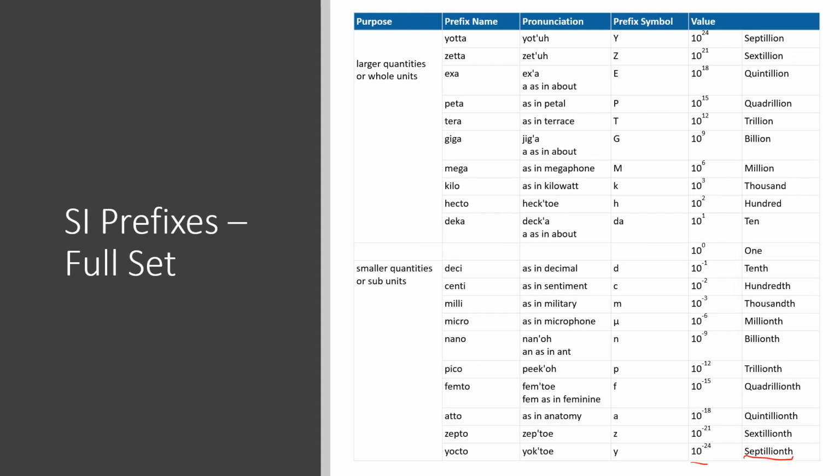Let's say the distance between 2 galaxies is 1 sextillion, which is 10 to the 21st meters. Then the prefix name is zetta, they show you how to pronounce it here, and they use a Z. So it would be 1 Zm equals 10 to the 21st meters. There is a table like this in your textbook, so you can take a look at that.